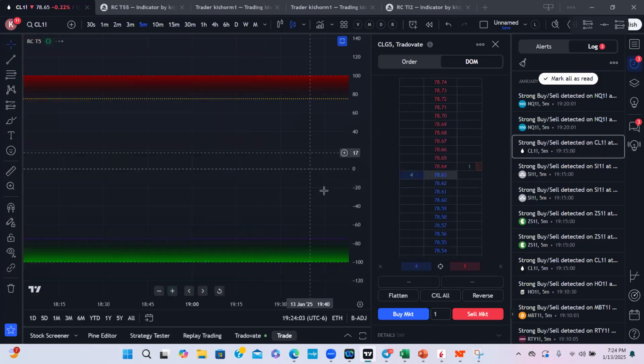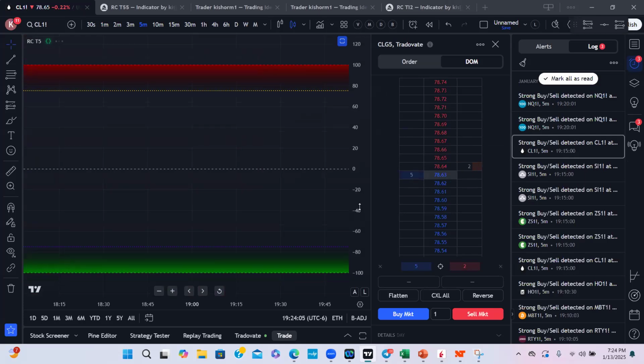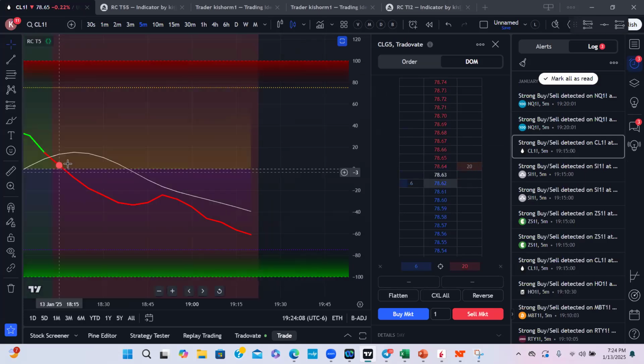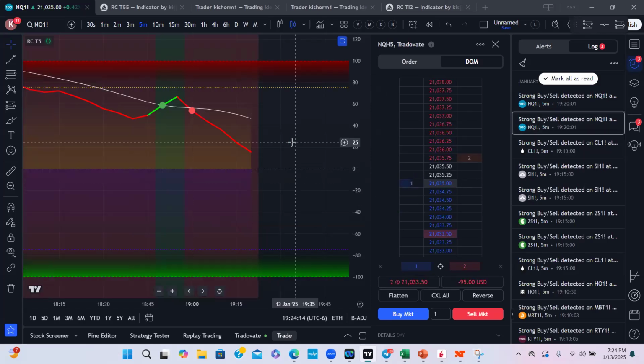NQ will be very volatile. You don't need to worry about small ups and downs. As long as you are following all the conditions, then you can make profits.